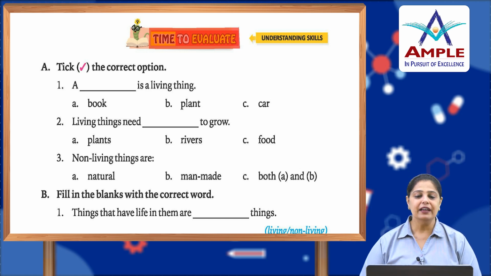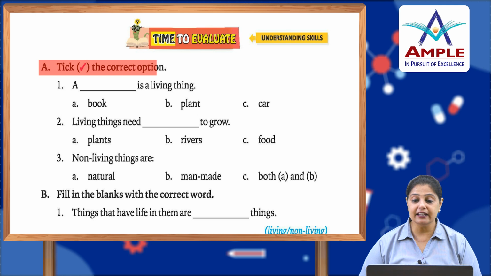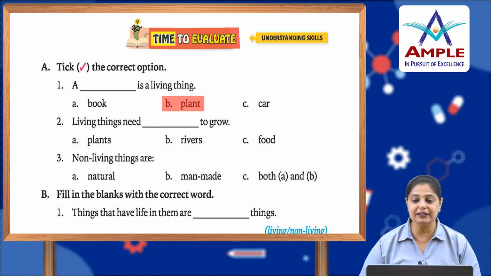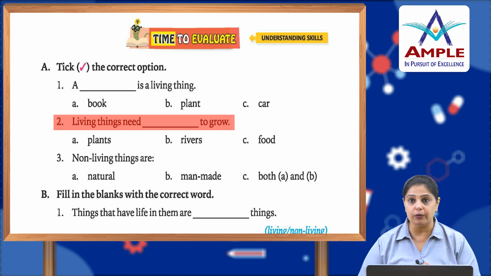Okay. So, the first one, tick the correct option. A dash is a living thing. Now, what is it? Book, plant or car? You are absolutely right. It is a plant. Plant is a living thing. Second one, living things need dash to grow.